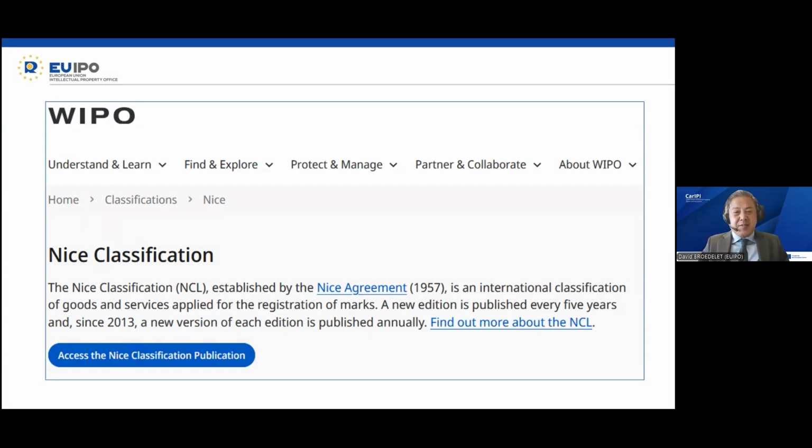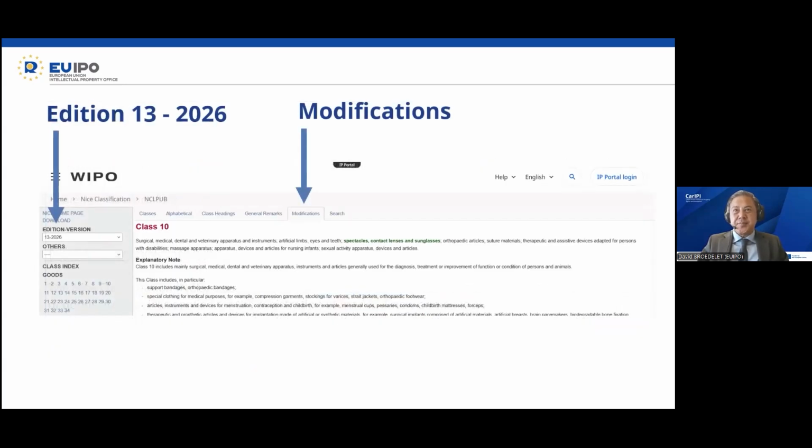A new edition is published every 5 years, and since 2013, annually. So if you want to know more, you can go to the WIPO page. We're now at the 13th edition, as I said. If you go to this page, on the left side, you see the arrow going down where it says edition version.